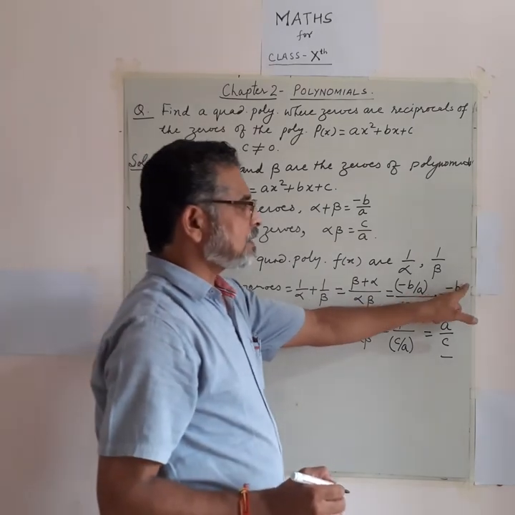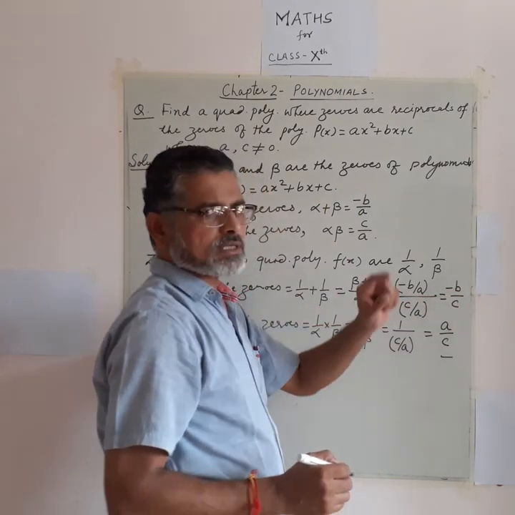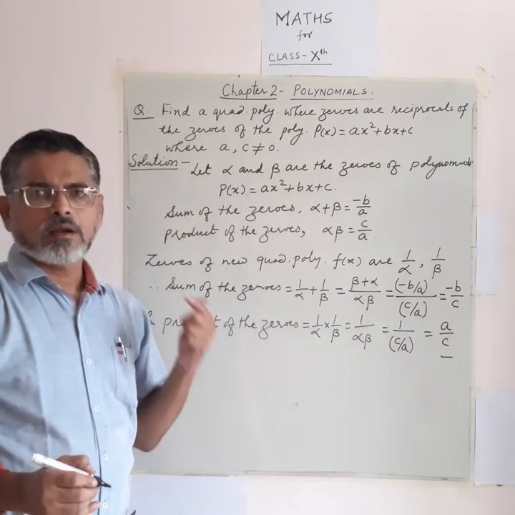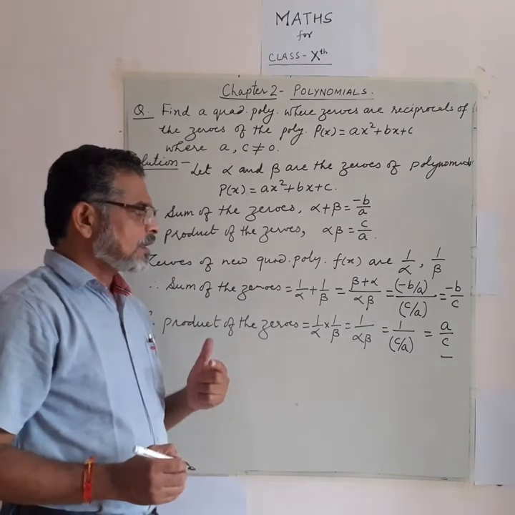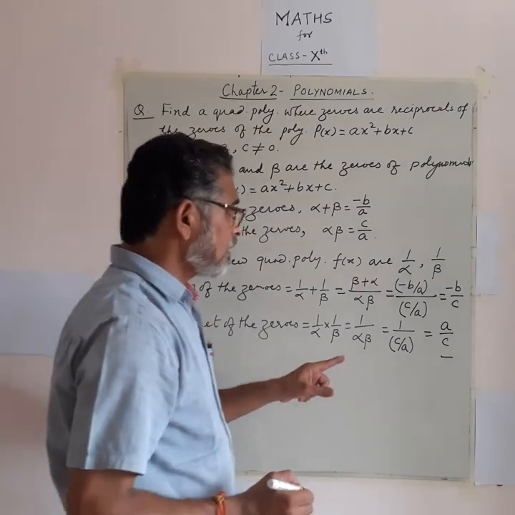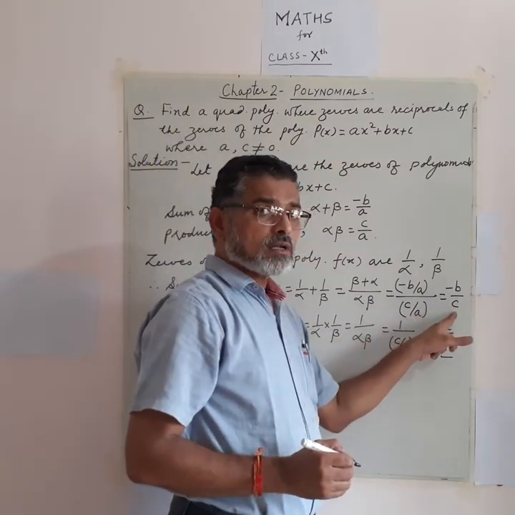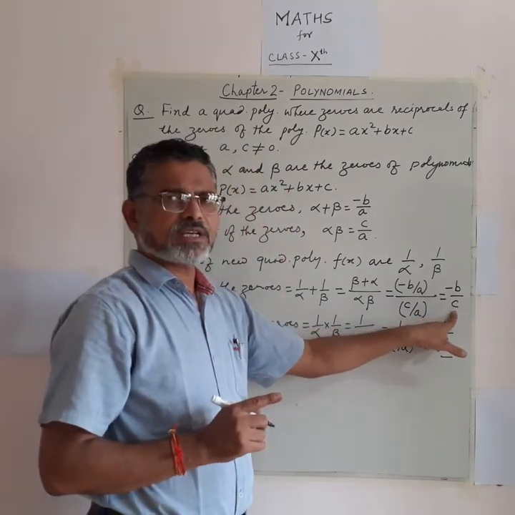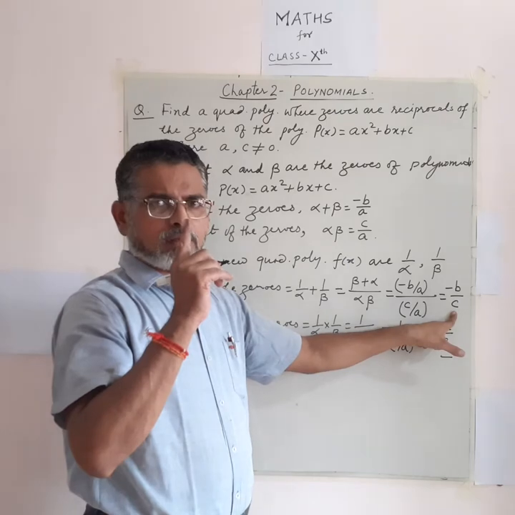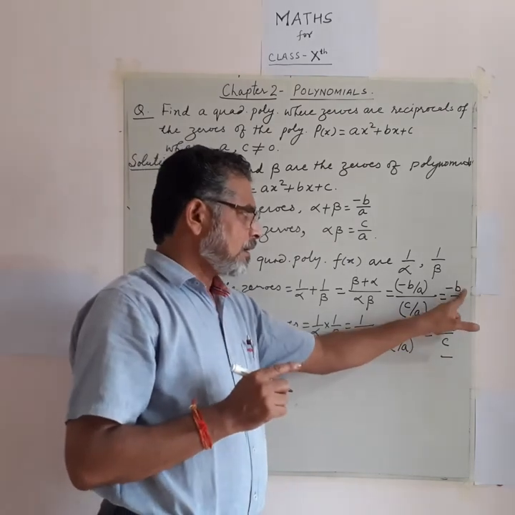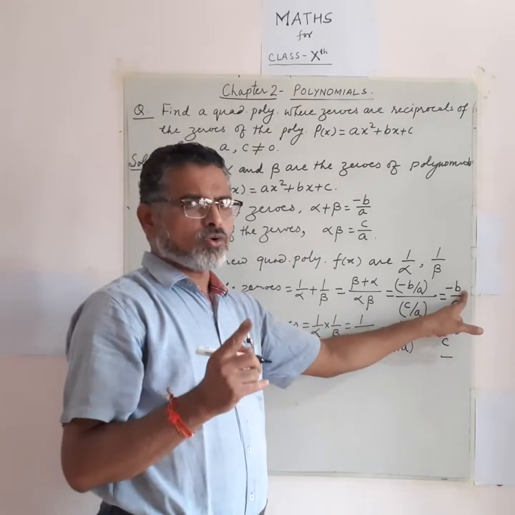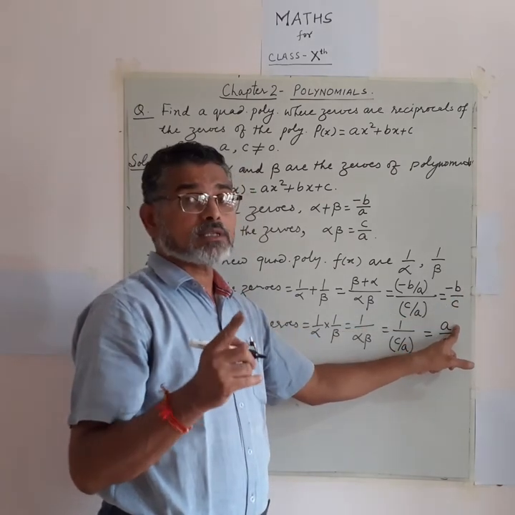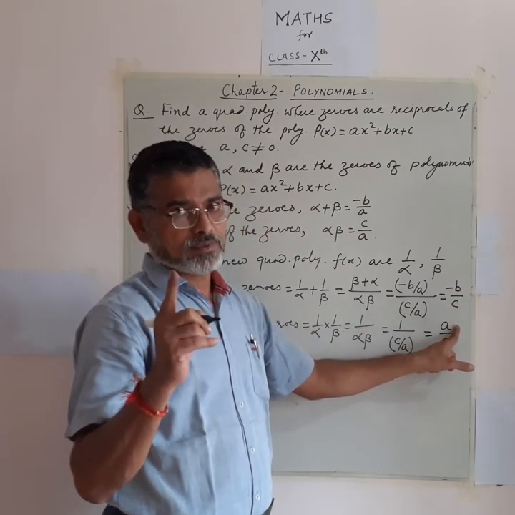Now once we know the sum of zeros and the product of the zeros, then we can easily write the polynomial. So c is what? We can discuss in two ways. c is the coefficient of x square, b is the coefficient of x, and a becomes the constant term.